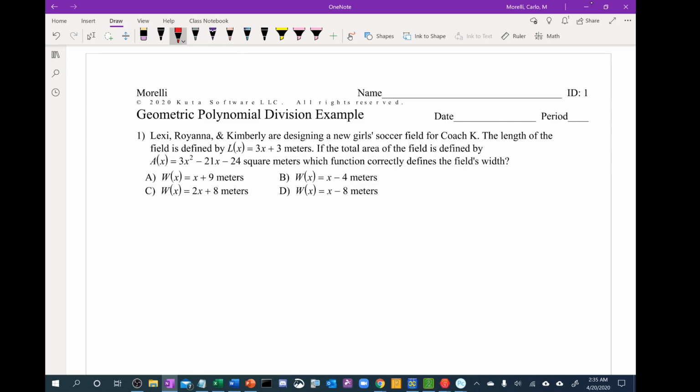First, above all else, remember that area is equal to length times width.